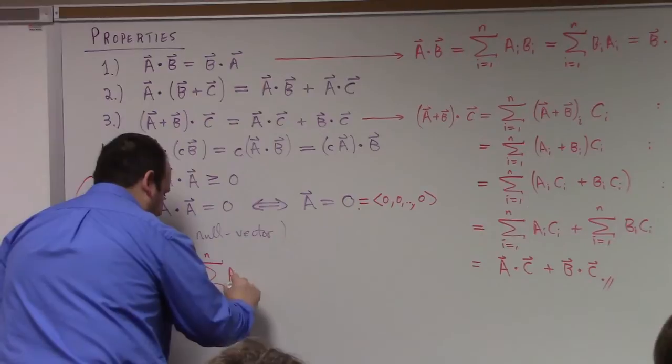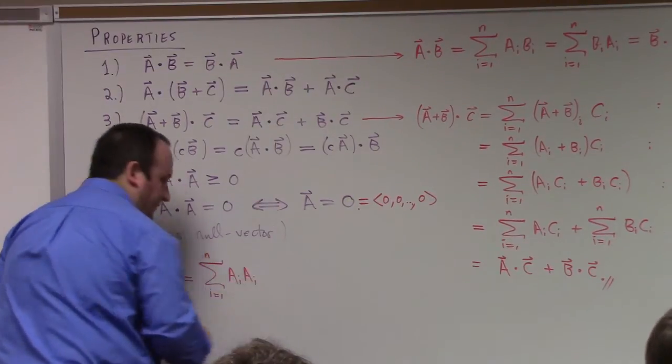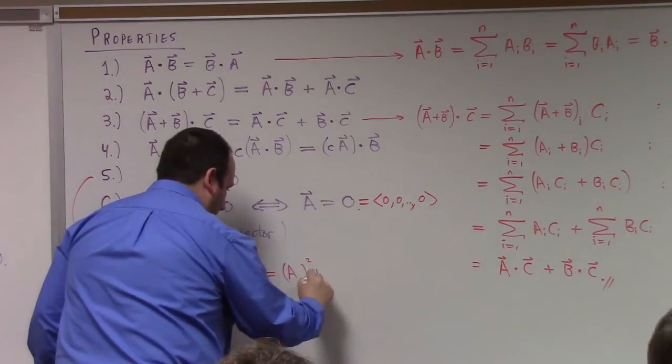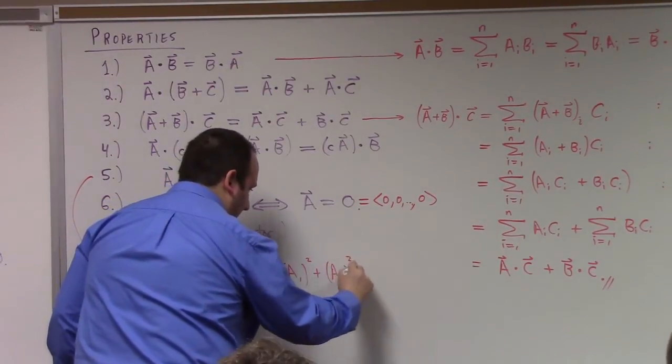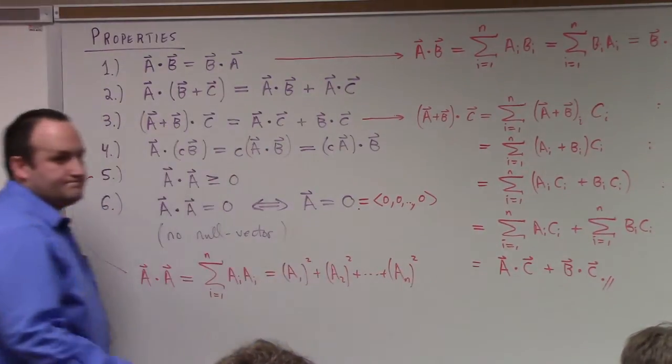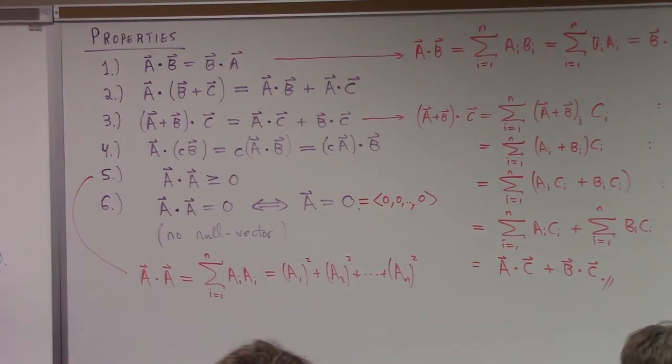But what this really is, is A1 squared plus A2 squared, plus AN squared, right? So, is it clear that that's greater than or equal to 0? You have the sum of squares of real numbers. Worst case scenario, they're all 0, right? That's how you get 0. But otherwise, it's positive.